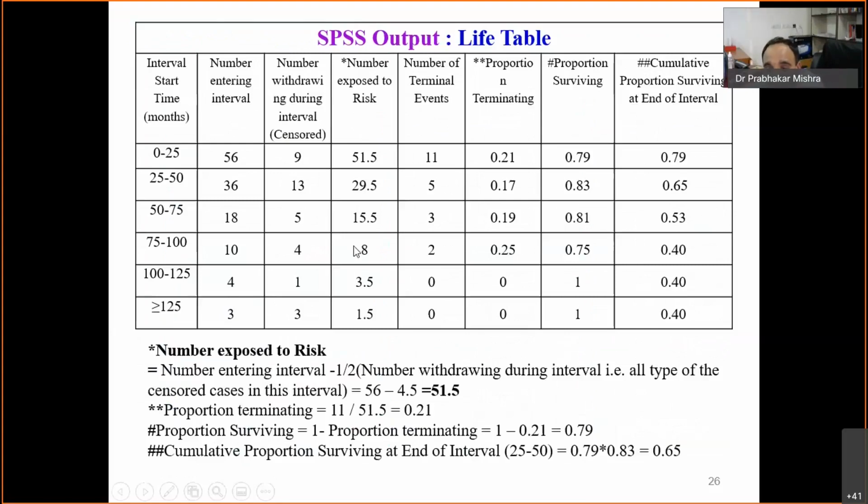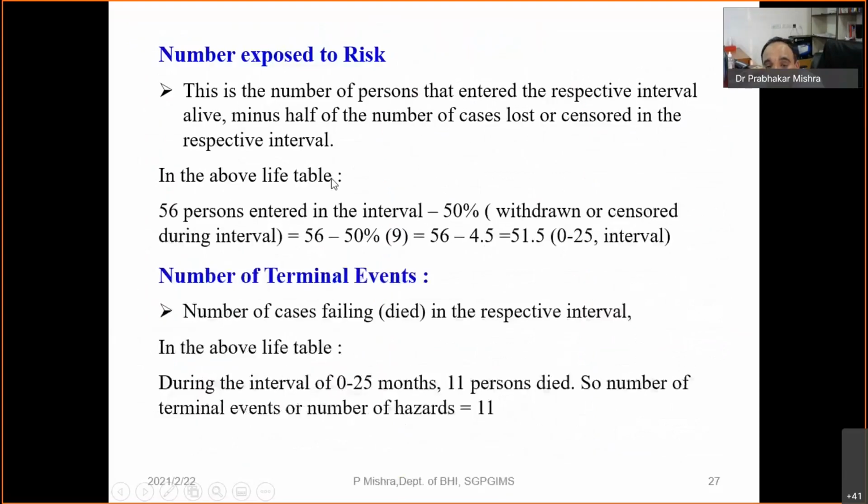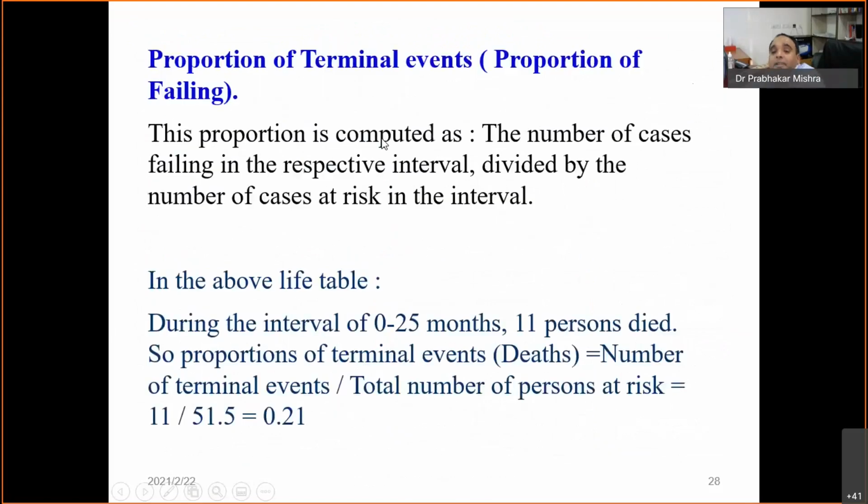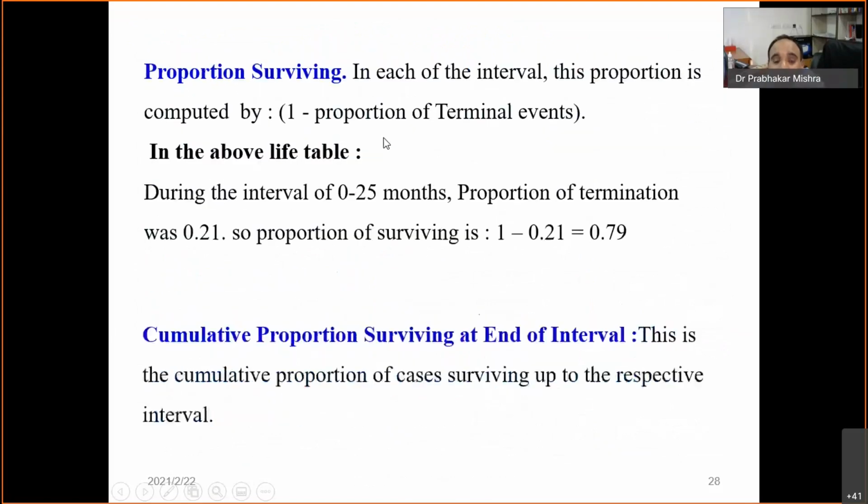In this table, how we calculated values like 51.5 is given here. Number exposed to risk, number of terminal events, proportion terminating, proportion surviving, cumulative proportion surviving: just by reading, you will be able to understand how to calculate.